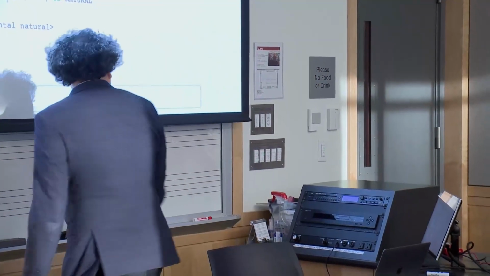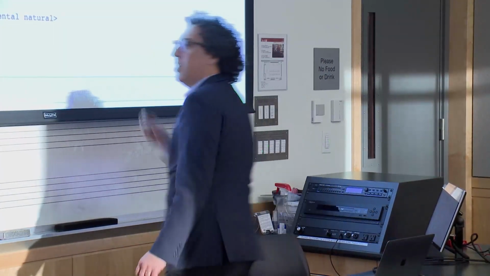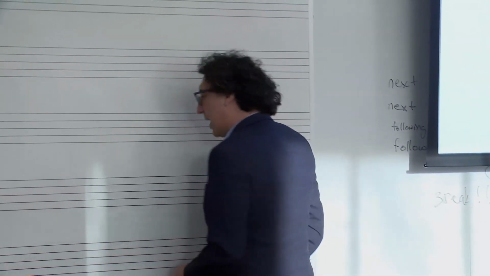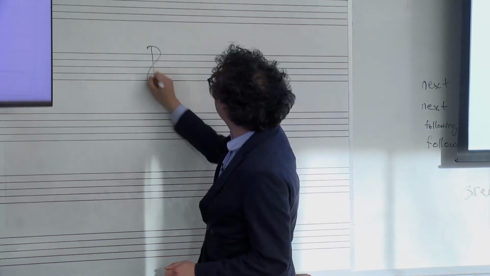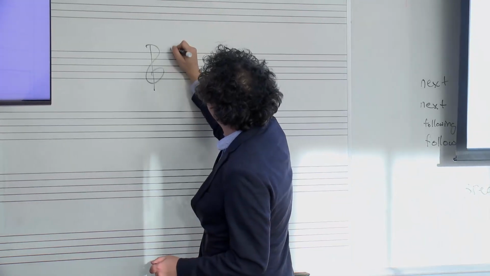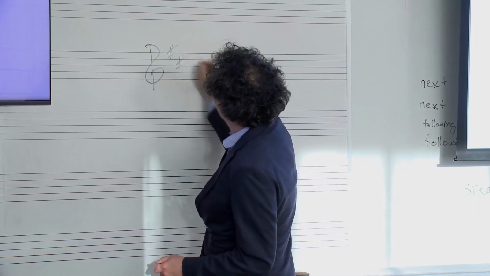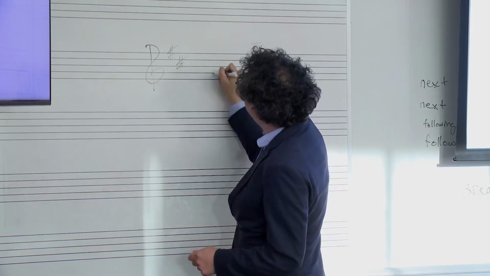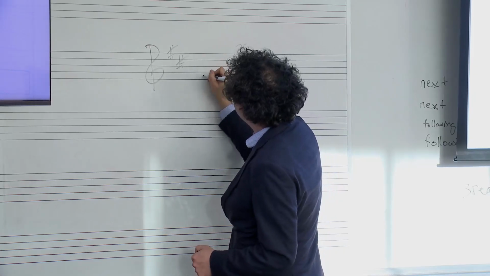Okay, here are some notes. Let's always go back to actual music. That's why we're confused. We haven't looked at some actual music in a little while. So we're in D major here. We have two sharps. Let's ignore the time signature for now. And now we have something like this.